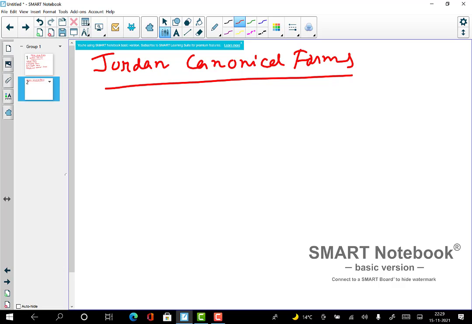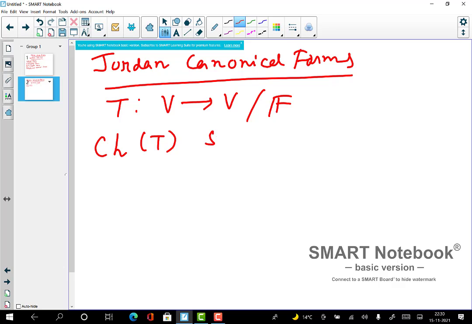Recall that suppose I have an operator T on V over a field F, and suppose the characteristic polynomial of T splits over F. For example, if F is the field of complex numbers, then every characteristic polynomial splits.